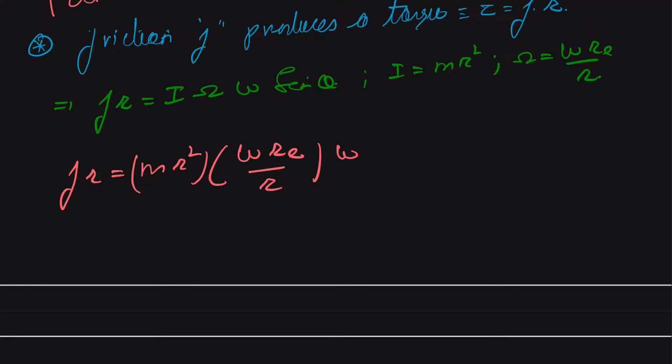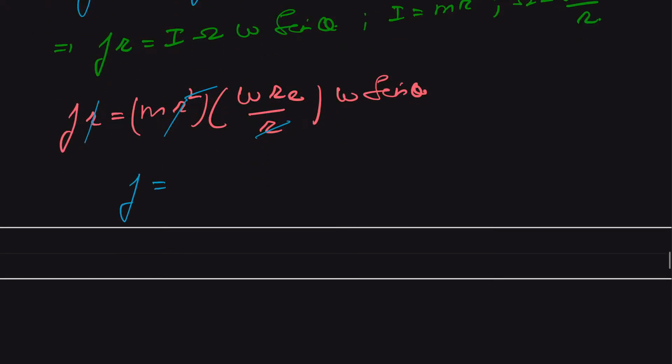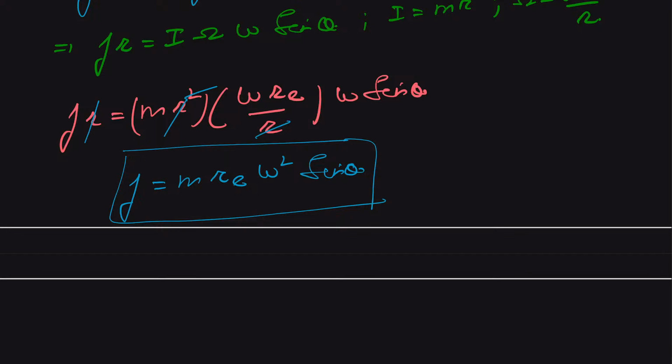Omega is left, and we have our sine of theta, and this R goes by R², and this R cancels by R. Therefore we get our frictional force will be equal to m R_E, and we have this as omega² sine of theta. This equation we can use later on for the frictional part.